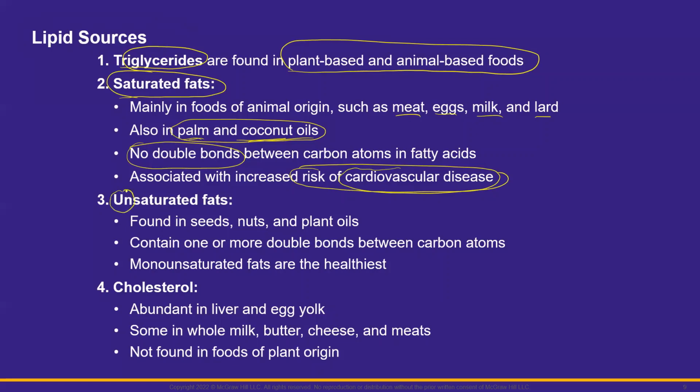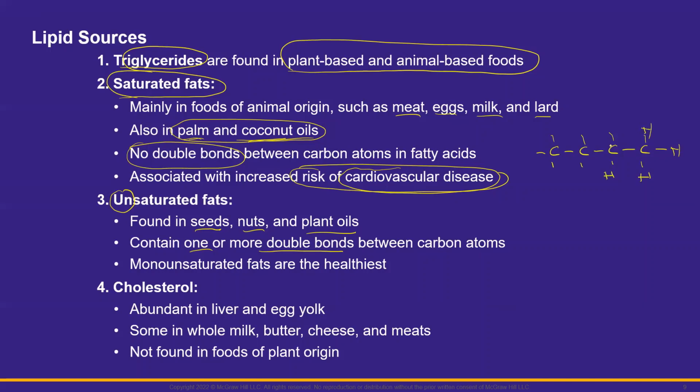Unsaturated fat means that it has double bonds, found mainly in seeds, nuts, and plant oil. They mostly become liquid at room temperature and contain one or more double bonds between carbon atoms. So saturated fat will be like this, all filled with hydrogen.